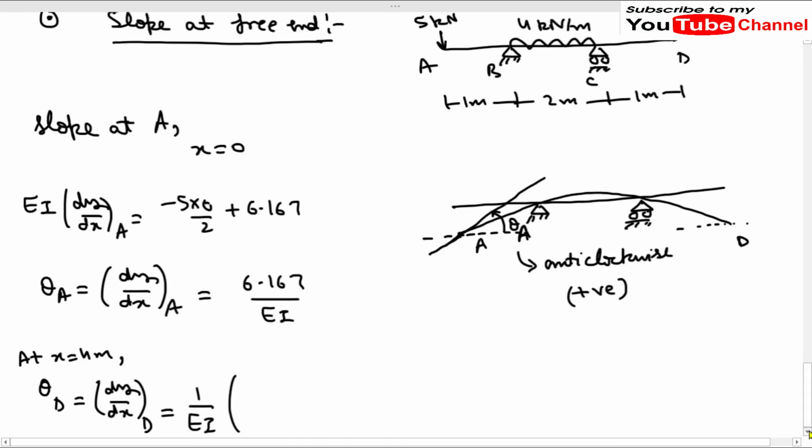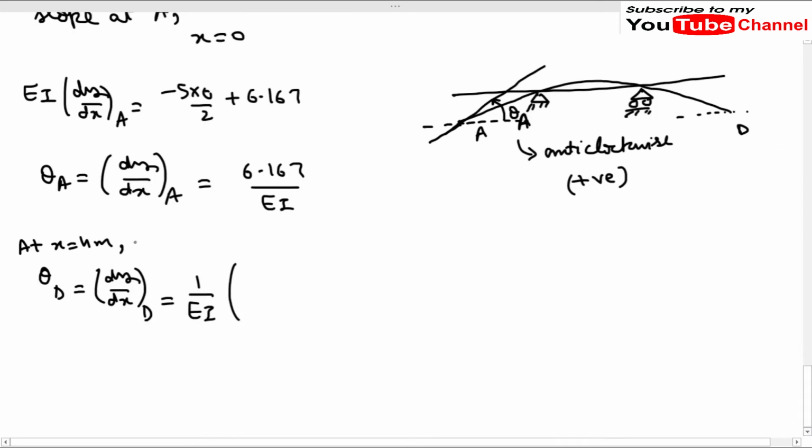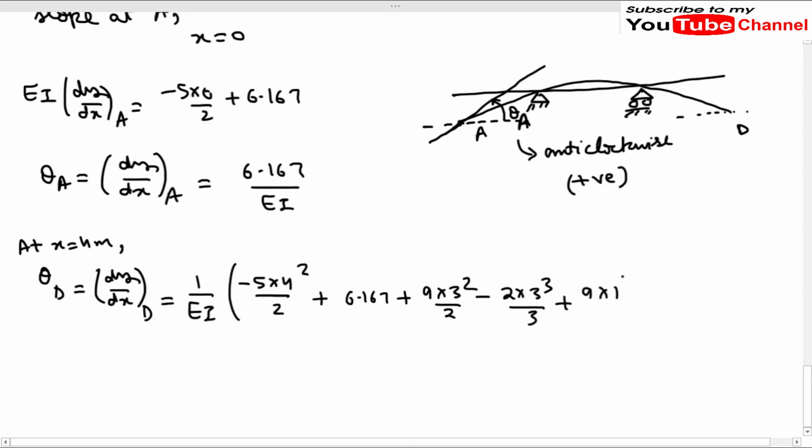Okay, so now let me just put the values. So it will be 5 into 4 square by 2, plus the value of C1 is 6.167, plus 9 into 3 square by 2 minus 2 into 3 cube by 3, plus 9 into 1 square by 2 plus 2 into 1 cube by 3.